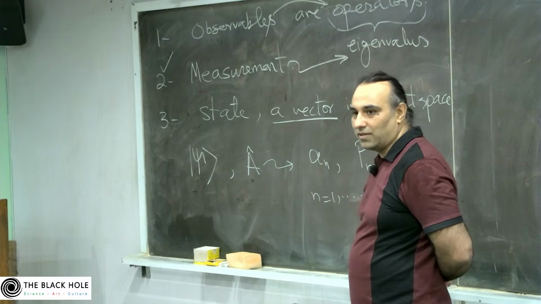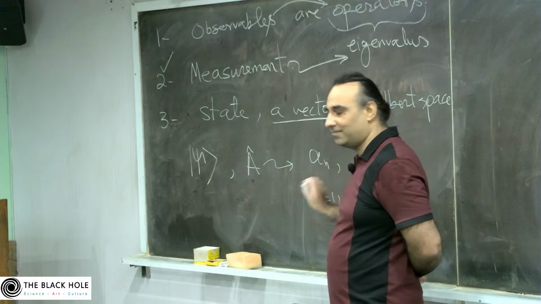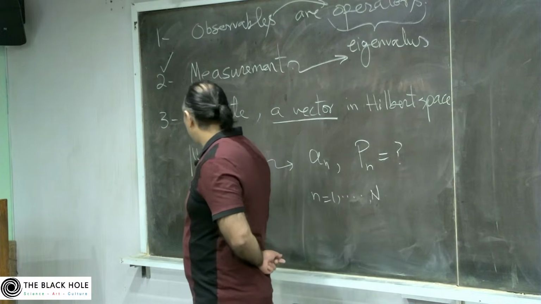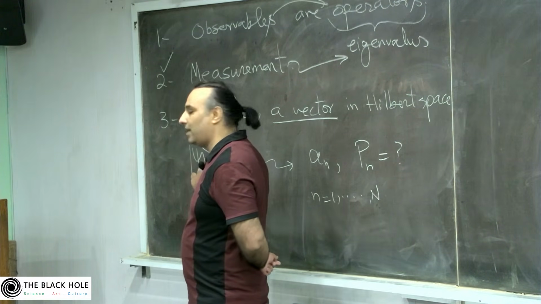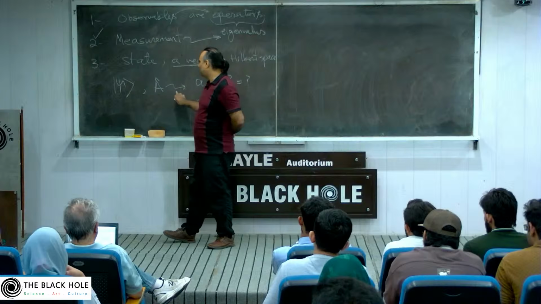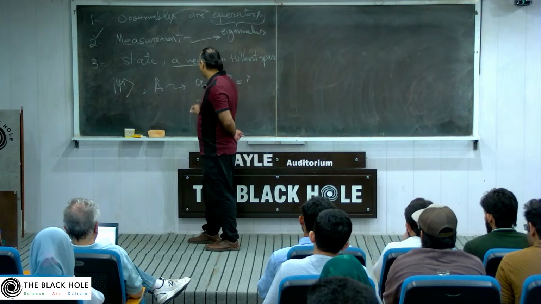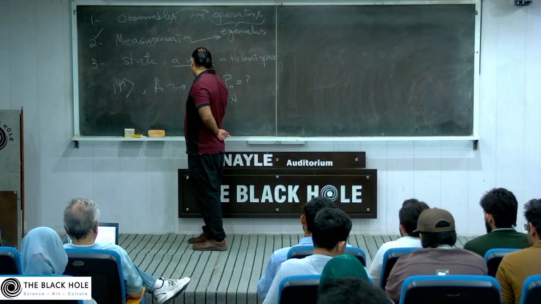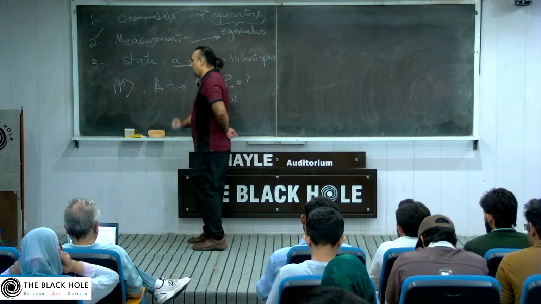We would like to know these probabilities, and that can be easily done if we expand the state in this basis. For these eigenvalues, there are corresponding eigenvectors. Let's call them n.